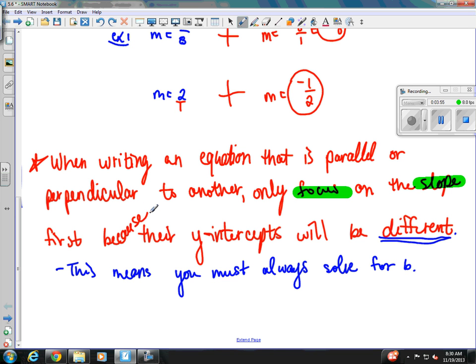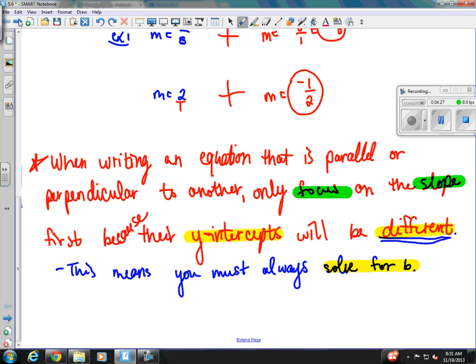We can't focus on the y-intercepts just yet because they will be different. This means you will always have to solve for b, like how we did in 5.4, our last lesson. So we only focus on the slope, and then we solve for b.